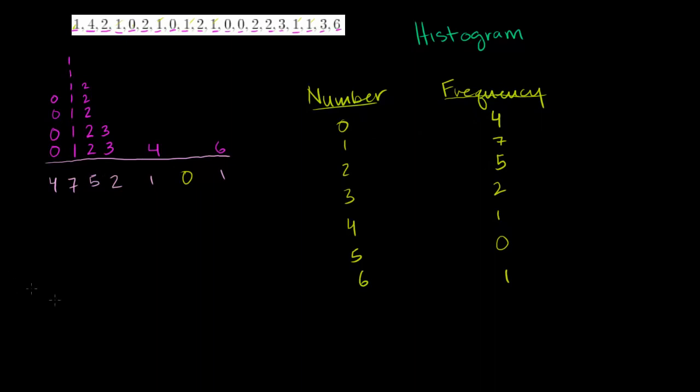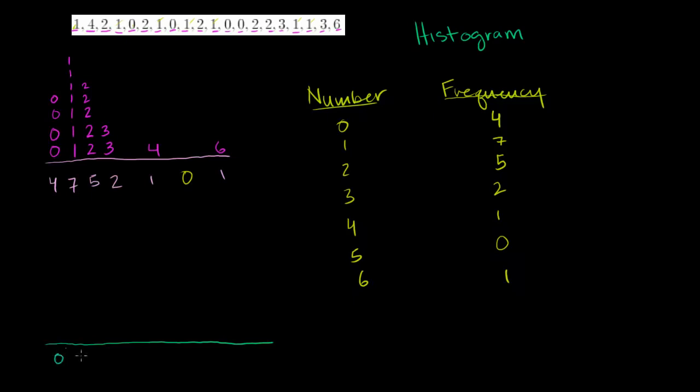So let me draw some axes here. The different buckets here are the numbers. That worked out because we're dealing with very clean integers that tend to repeat. If you're dealing with things where the exact number doesn't repeat, oftentimes people will put the numbers into buckets or ranges. But here they fit into nice little buckets.